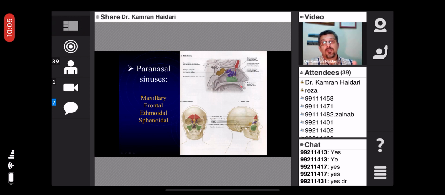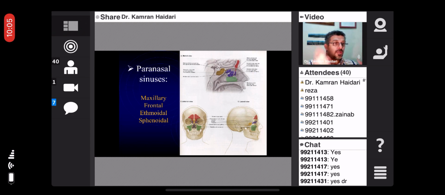And each group consists of several air cells. The air cells are small cavities. If you compare with, for example, the frontal sinus, sphenoidal sinus, and maxillary sinus, they are small, and you have many air cells in the lateral mass of the ethmoid bone.